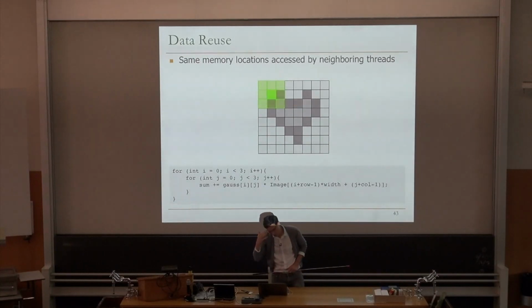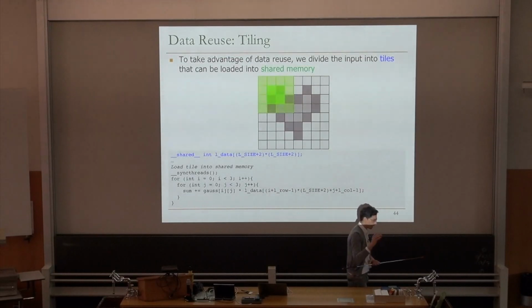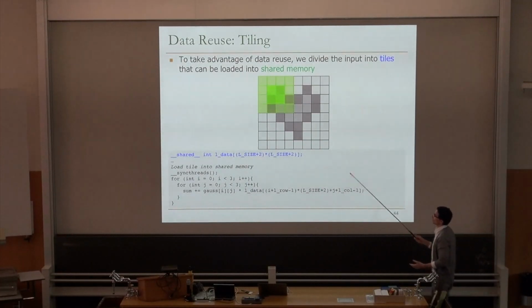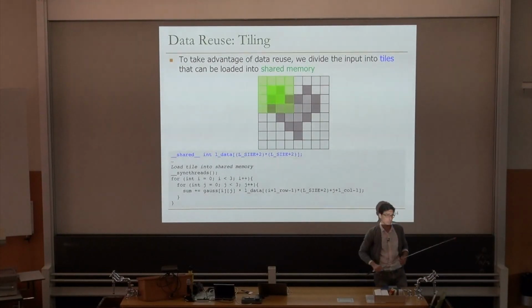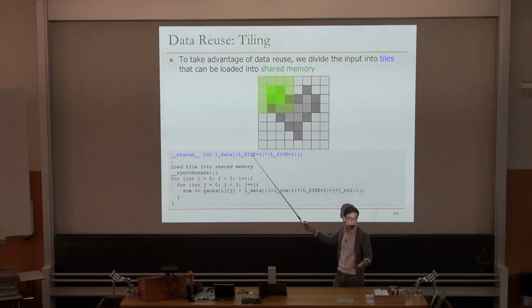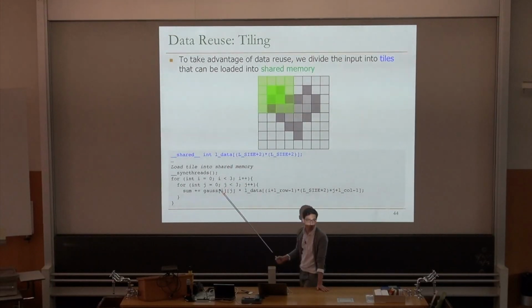And that is one specific example where using the scratchpad memory can be really interesting and can give us a lot of performance improvement. The way that in GPUs we are going to do that is by dividing the image into tiles, into different parts, and loading these tiles, which will typically be assigned to one block of threads, into the local or shared memory, this on-chip scratchpad memory that is declared with this shared qualifier.